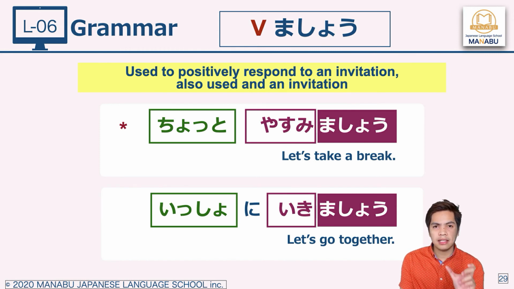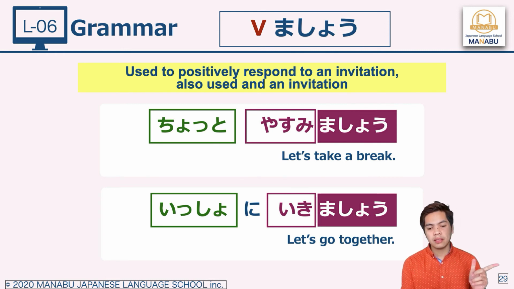Chotto means a little or a short time. So chotto yasumimashou, let's take a break for a while. So the verb yasumimasu is to take a break. Then yasumimashou, let's take a break. Issho ni ikimashou, let's go together. The verb ikimasu is to go. Then if you change it to ikimashou, let's go together.